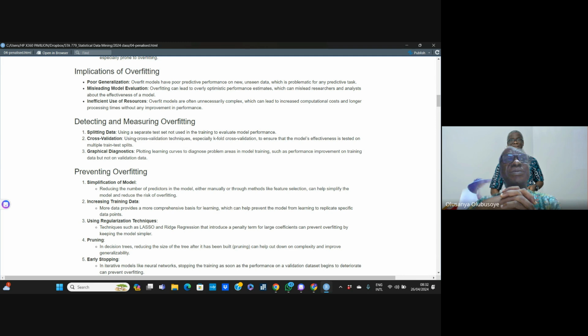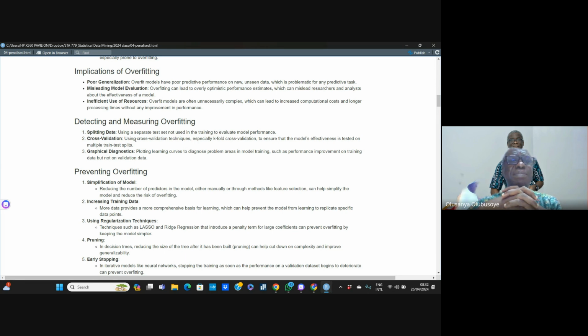If you now drive very well, that's the new data set, and that will determine how good you are. So to detect and measure overfitting, you have to split the data into two, the training and the test, and then evaluate the model performance in the test set.